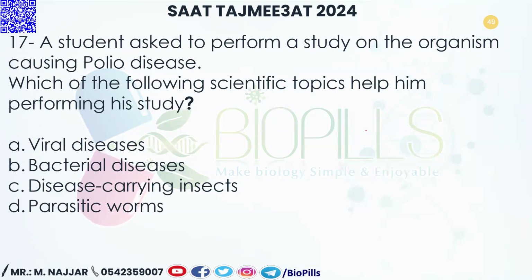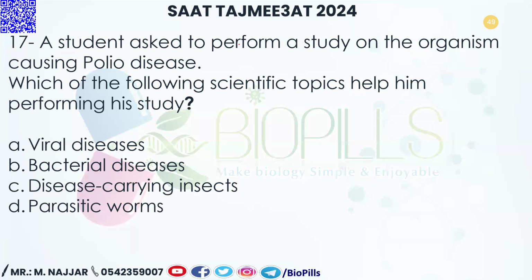Question number 17. A student is asked to perform a study on the organism causing polio disease. Which of the following scientific topics helps him perform his study? He's asking indirectly about the parasite. What is the type of the parasite? Is it bacterial? Is it viral? Is it a worm? Is it a vector? Very easy.